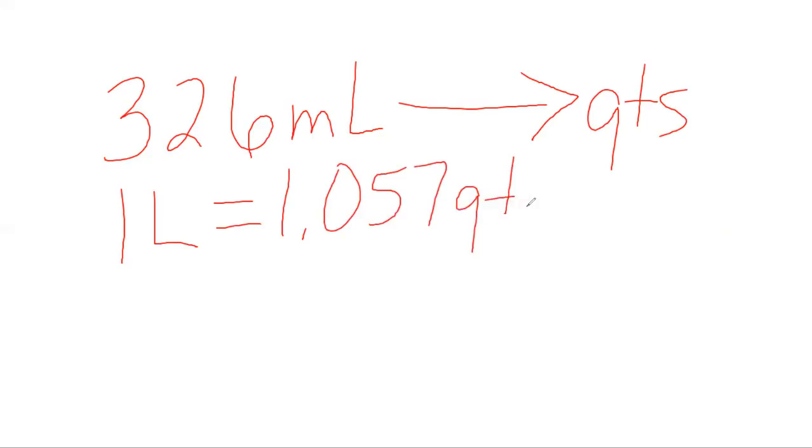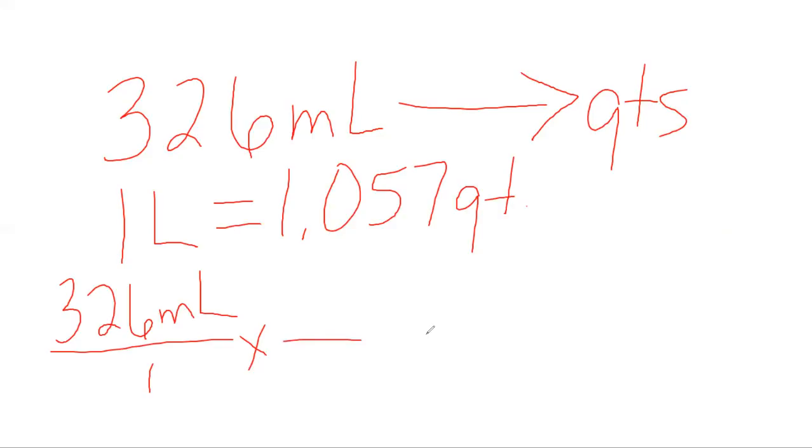So this will take us 3 steps at least. We're going to start with our 326 milliliters over 1. And we need to figure out how many milliliters are in a liter. So our milliliters is on the bottom so they can cancel, and our liters goes on the top.